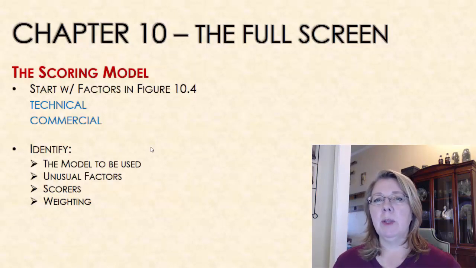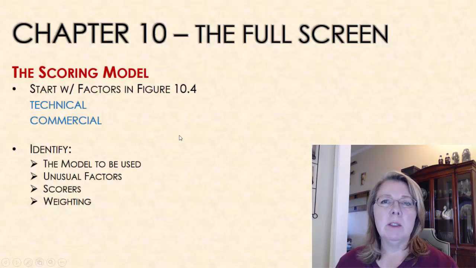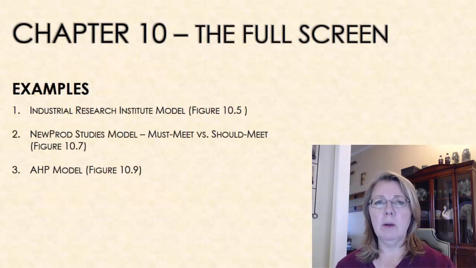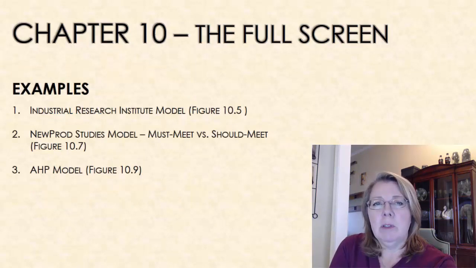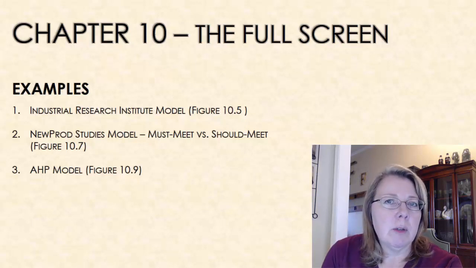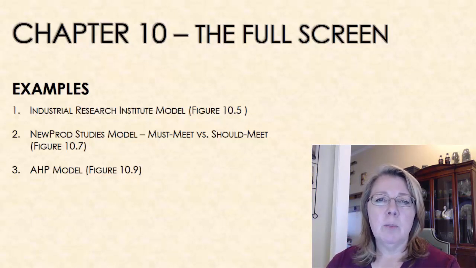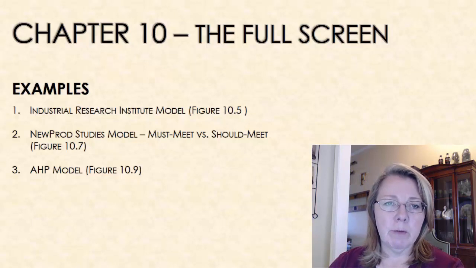Okay, so I'm just trying to explain how those go together, because you will need to do that for your assignment this week. Really, the rest of the chapter gives you exposure to different sorts of models. The three presented in the book are worth a look. There's the Industrial Research Institute model, shown in Figure 10.5.